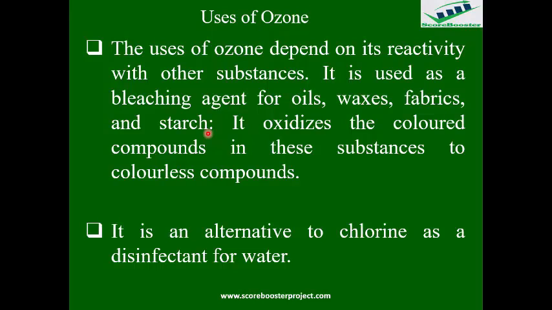This is because it can oxidize those substances, converting them from a colored substance to a colorless compound. So if it's oil, ozone reacting with oil can form some other colorless substance that won't destroy our fabric. So that is one usefulness of ozone.